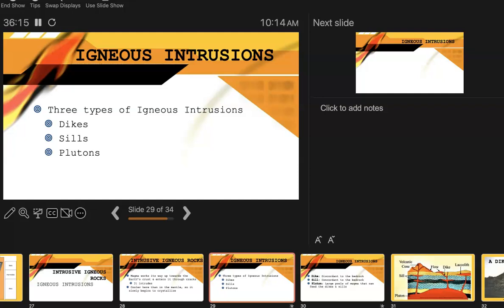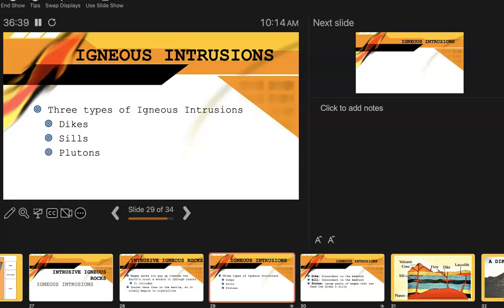So when I say that dikes will be cutting through vertically and sills will be cutting through horizontally, or dikes will be perpendicular, sills will be parallel, whatever works for you, that is strictly in our diagrams and speaking of sedimentary rocks.